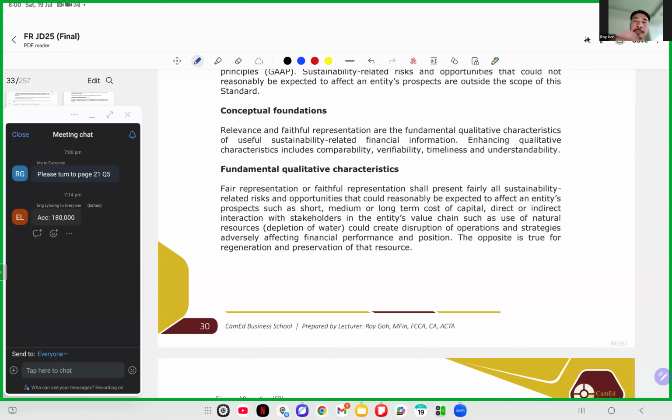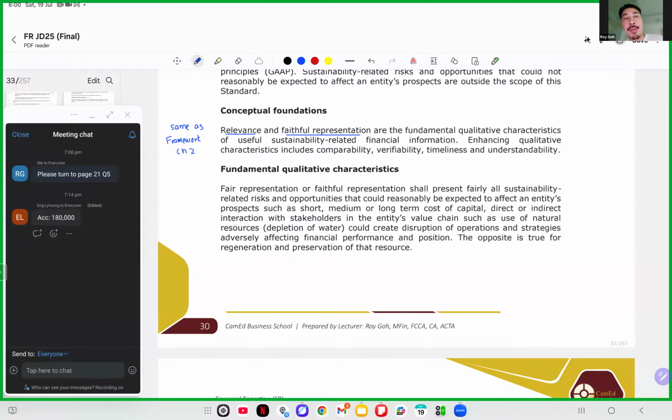IFRS S1 still follows your faithful representation. Still follows the relevance. So this is the chapter 2 framework. Stay calm. Same as framework in chapter 2.